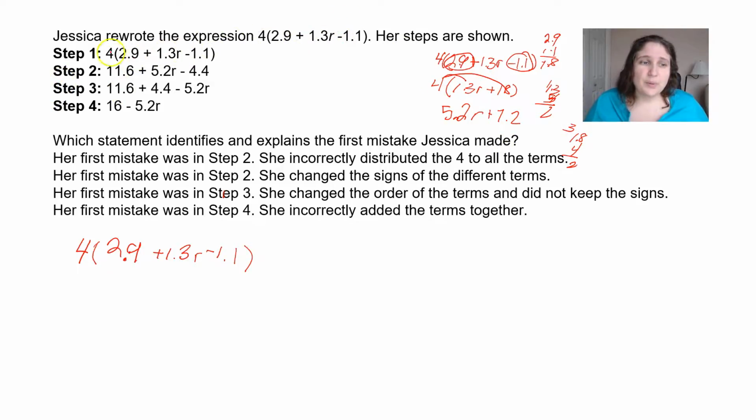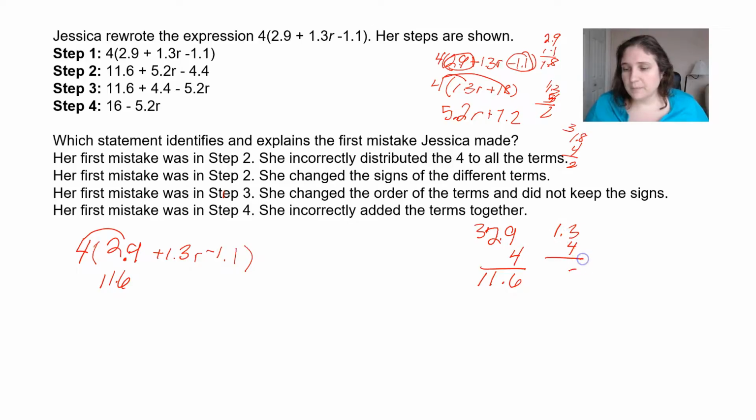Okay, so 4 times 2.9 it looks like is what she was doing. So on the side, we've got 2.9. We're multiplying it by 4. 4 times 9 is 36, so 6, carry the 3. 4 times 2 is 8, plus 3 is 11. So we know 11.6. Then we've got the 1.3 times 4, which we already did before, but we'll just do it again, which gives us plus 5.2r.